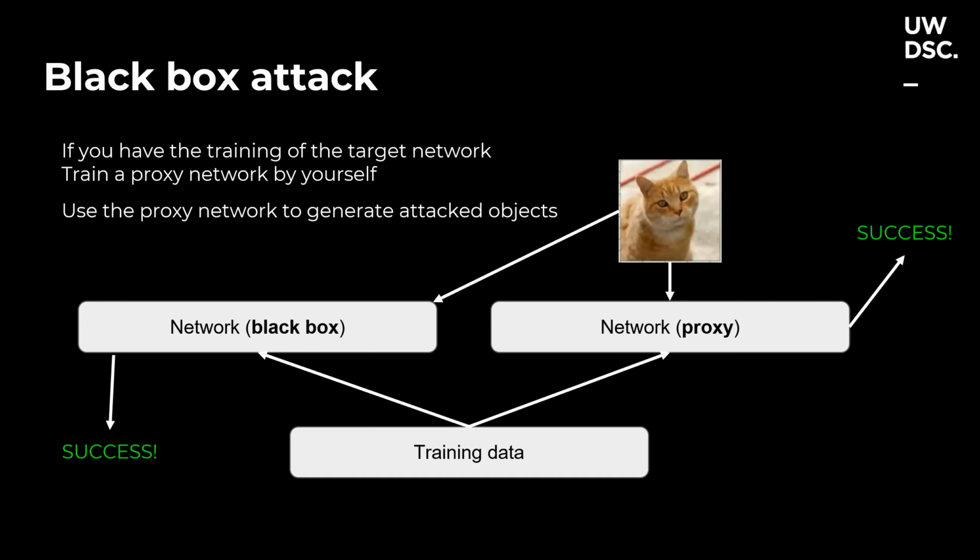So the proxy network, we want to train that network to mimic the black box network. And then we also want to change the input data. The input data is basically coming from your proxy network.